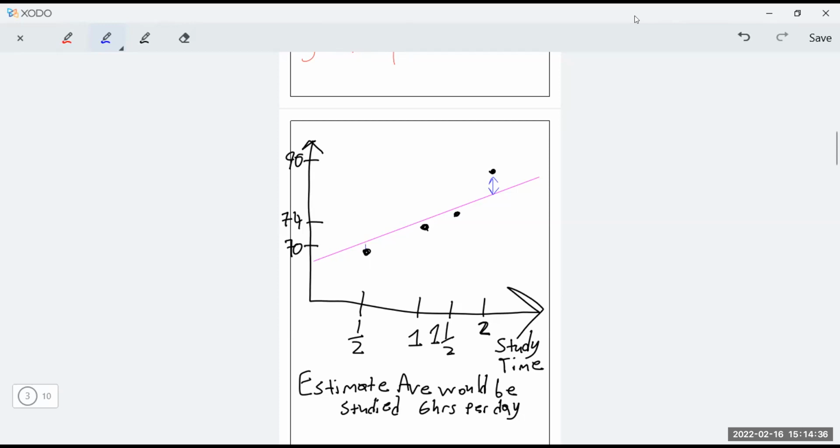So if this one deviates from the best fit line by 1, this one by maybe a half unit, this one by a quarter unit, and this one by maybe 4 units, to get the best fit line, we take the average of these displacements from the best fit line, and then we want to make sure that the best fit line will have the average of those displacements from it.